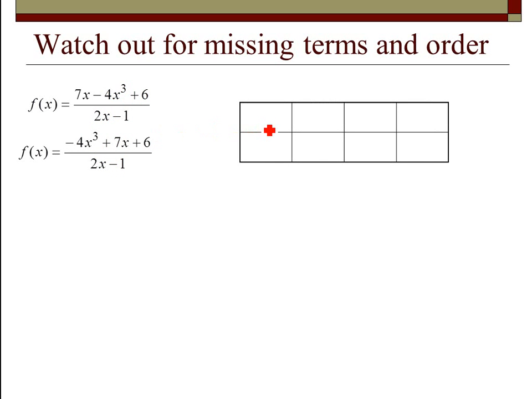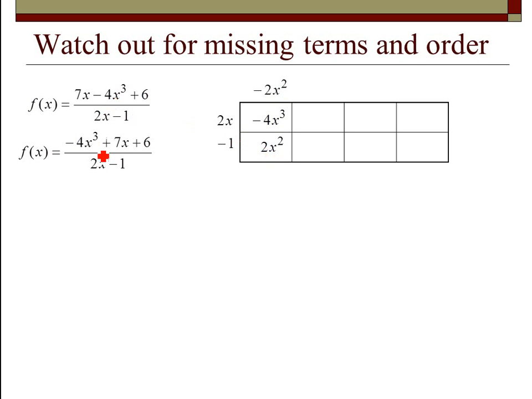So negative 4x cubed goes here, and 2x minus 1 on the outside. So 2x times something gives me negative 4x cubed. That would be negative 2x squared. The negative 2x squared times negative 1 is 2x squared.